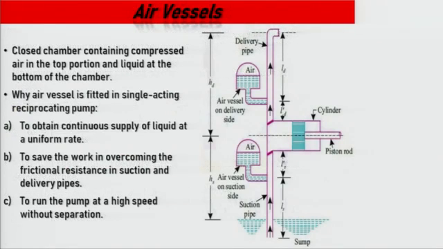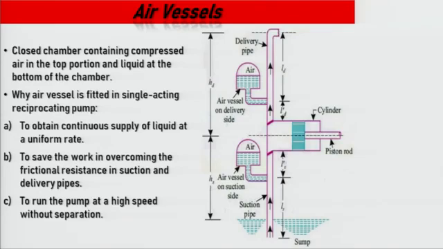Next one is the air vessel. This is a very important concept in the case of the reciprocating pump, because power saving is a fundamental concept in the case of a pump. The difference between the turbine and the pump is that the turbine is a power producing device and the pump is a power consuming device.